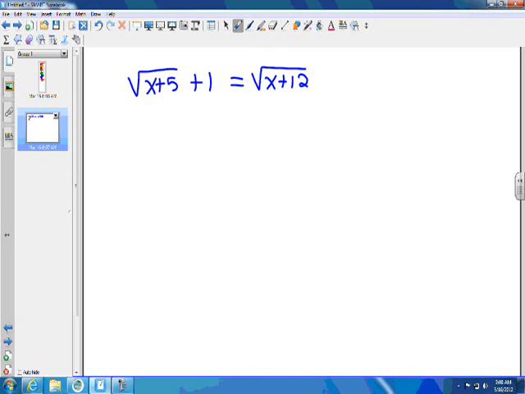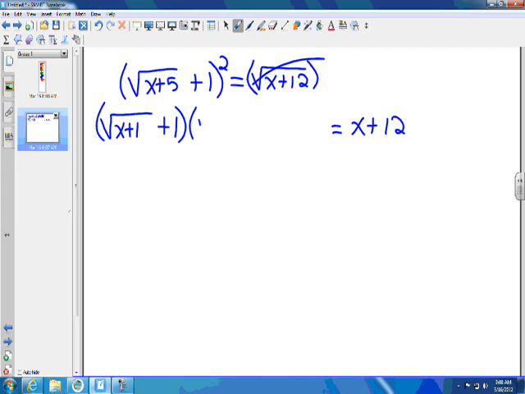Are we ready to square? Yes. So which side do we have to FOIL? The left. So that's going to cancel. I'll move that over here and have x plus 12. So multiplying first, x plus 5, and we'll be left with the x plus 5 radical cancels.